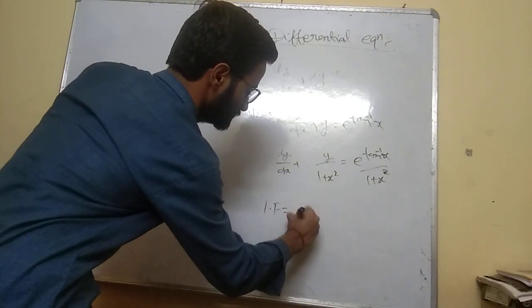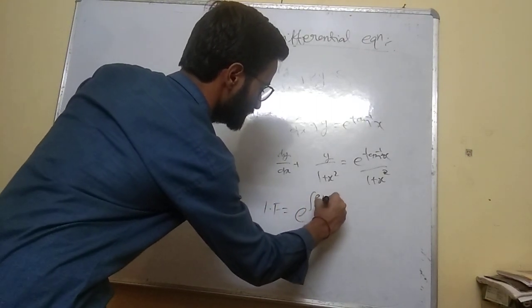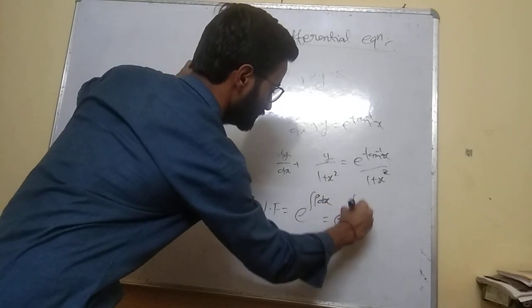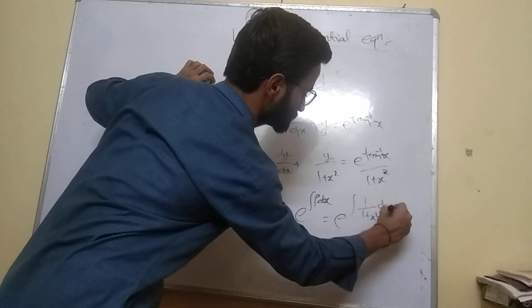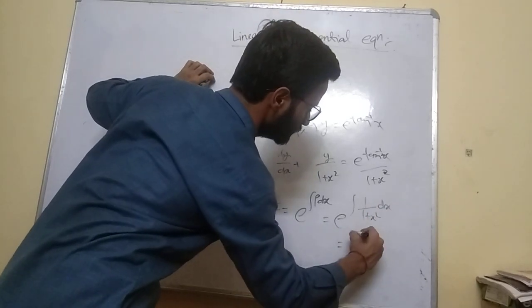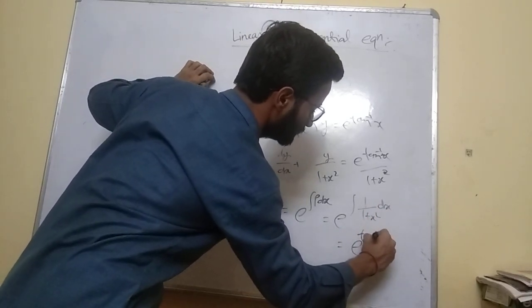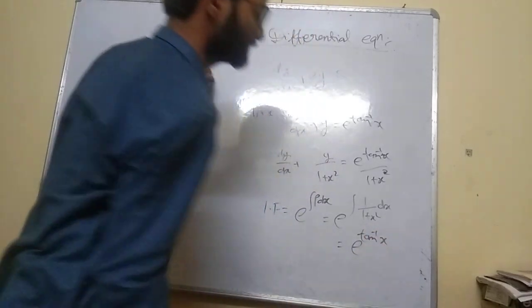So as I told you, we have to find the integrating factor. So this will be e to the power integral of P dx, and P is equal to 1 upon 1 plus x square, so this will be e to the power tan inverse x.